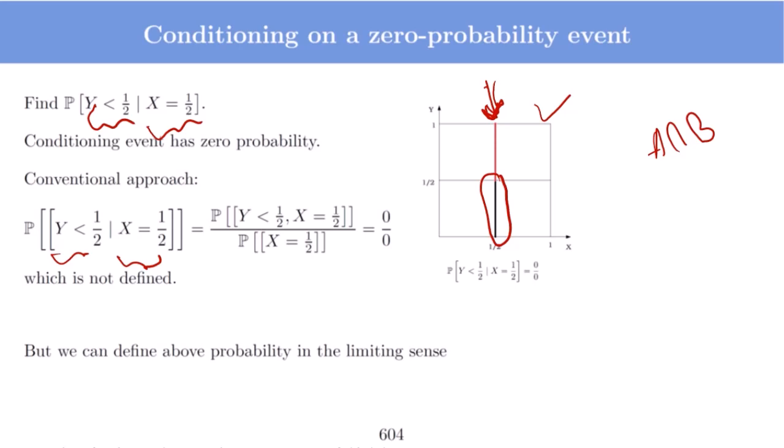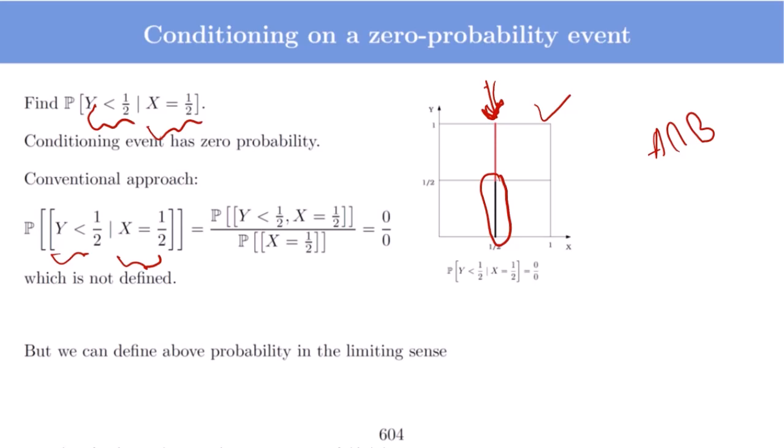So how do we formalize this argument? The problem is coming because the conditioning event B itself has 0 measure, so all the subsets of it will also have 0 measure. So the ratio would be 0 by 0.